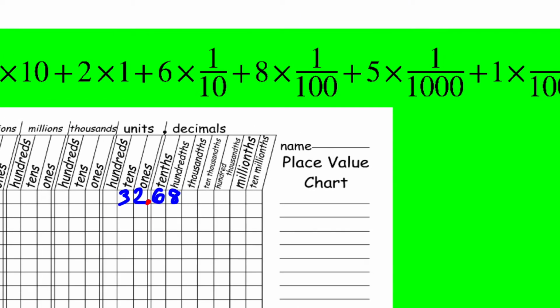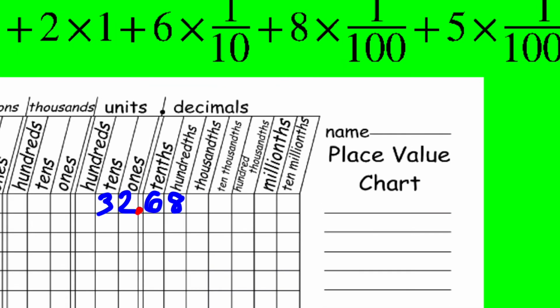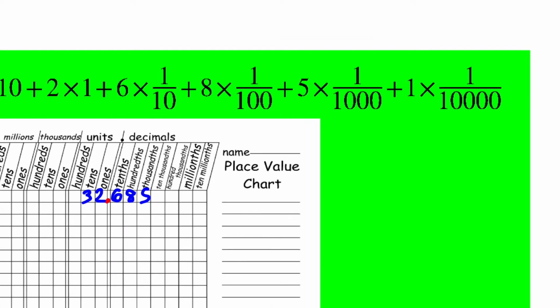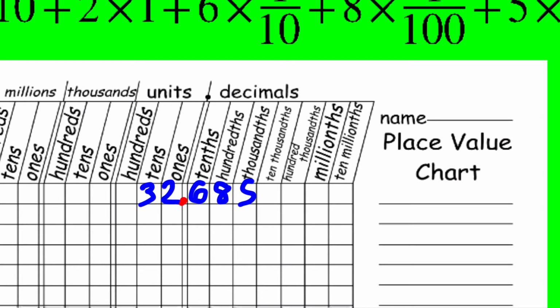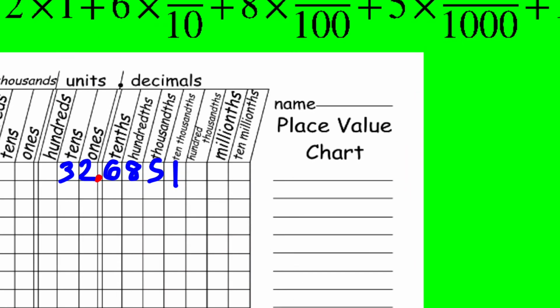We have 5 in the 1000th spot. And we have 1 in the 10,000th spot. And there's our decimal number. And we would say that as 32 and 6,851 10,000ths.